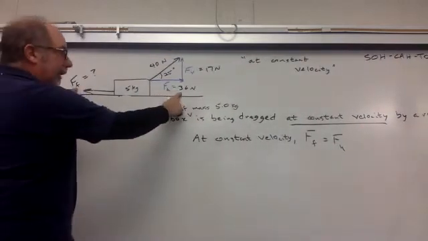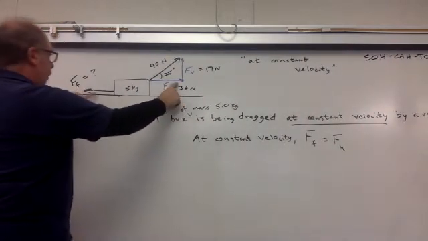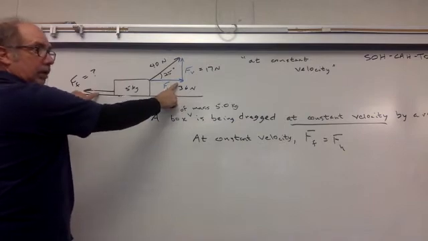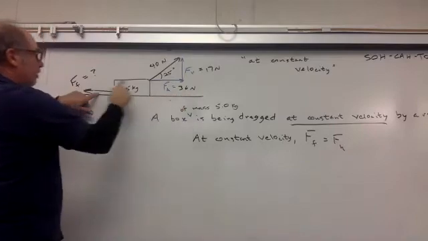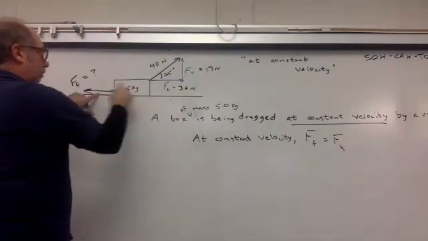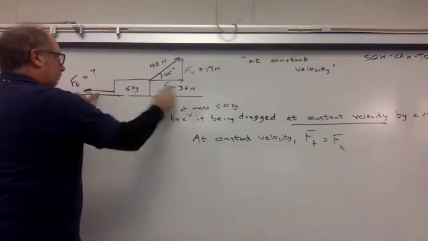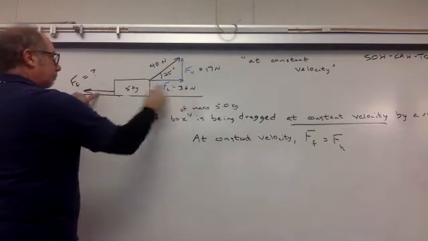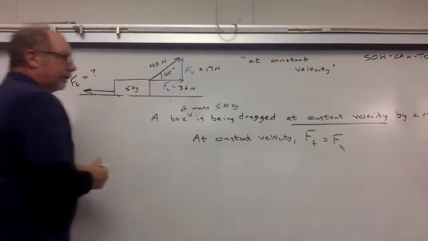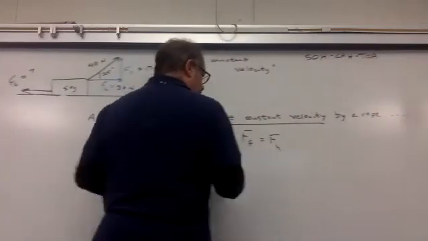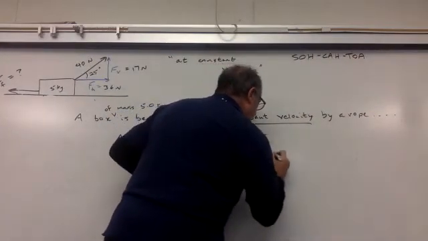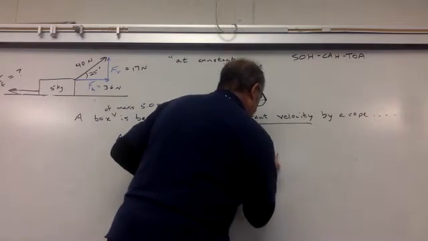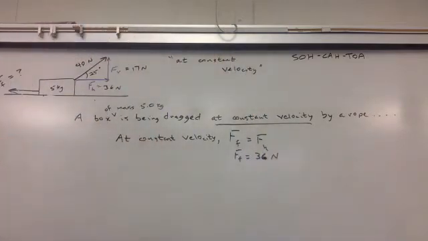If it's being dragged at constant velocity, there's no net force in the horizontal. So that means that this component, 36 newtons, is exactly matching friction. So I know then the force of friction is equal to 36 newtons.